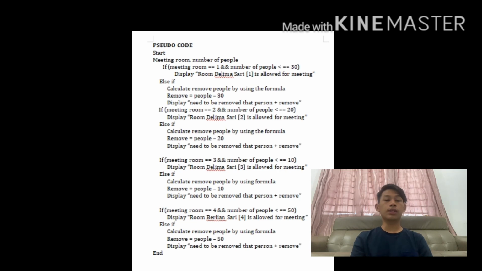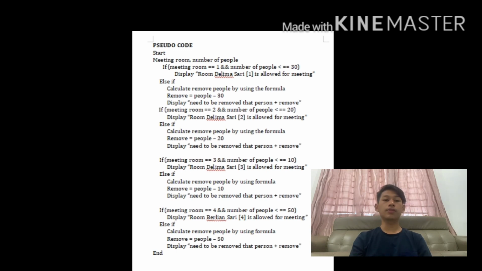If meeting room equals 3 and number of people is less than 10, else, calculate remove people by using the formula: remove equals people minus 10. Display need to be removed that person plus remove.